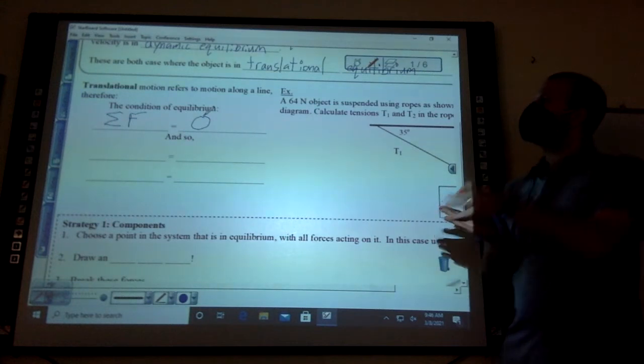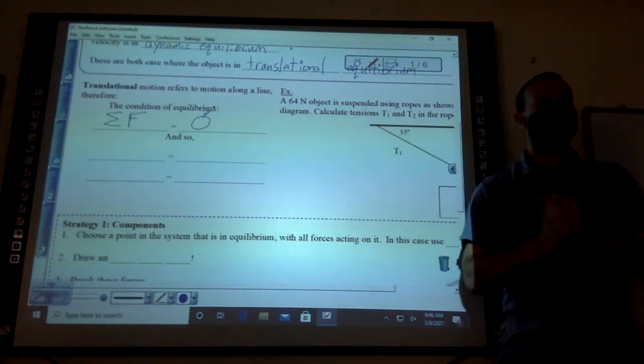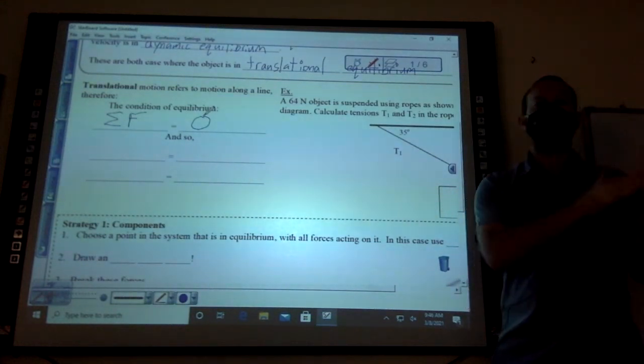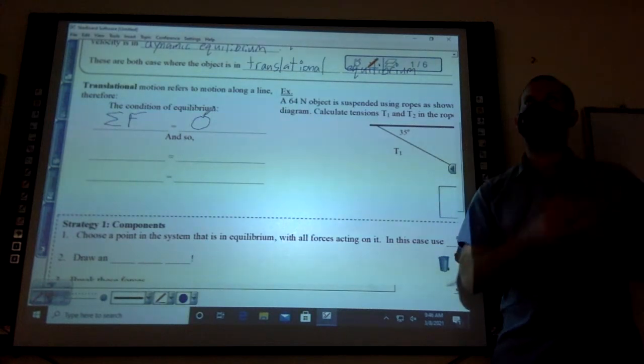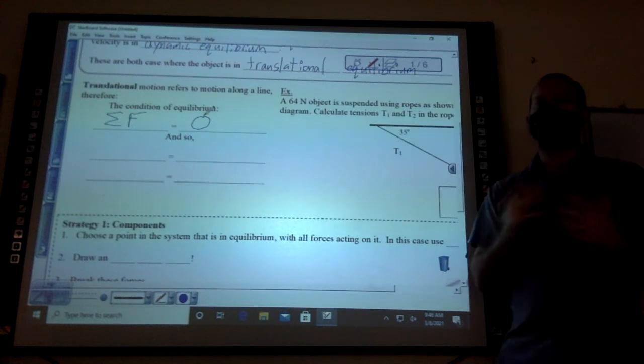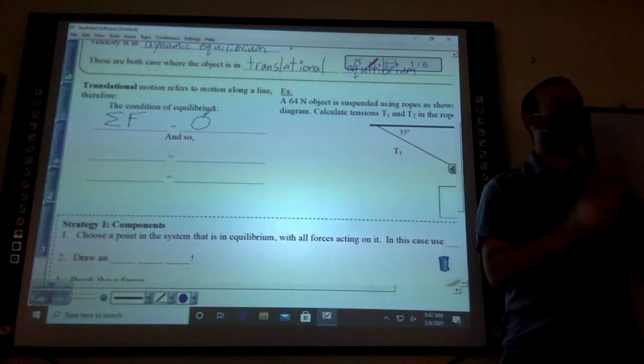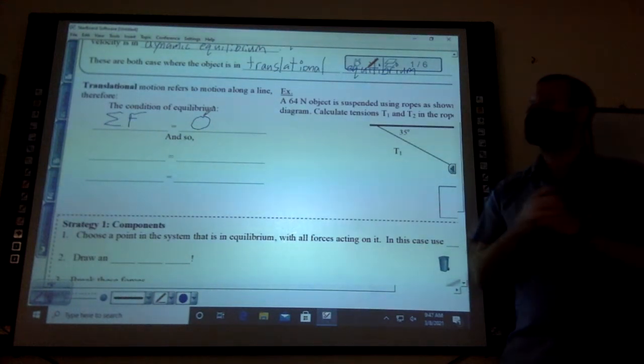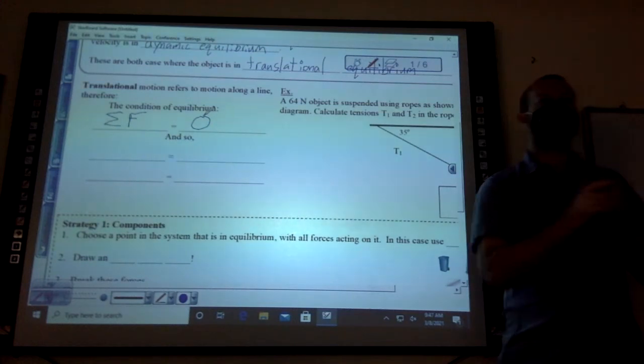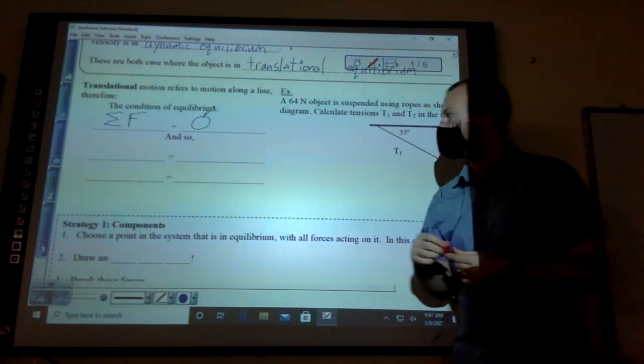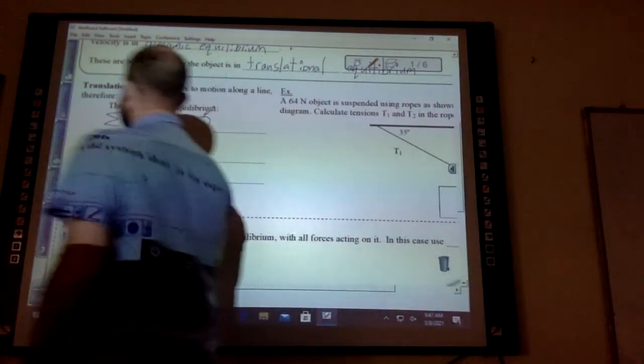And as we've seen in previous units, everything we've taken so far, we can treat different dimensions independently. So we saw in kinematics, we can treat x and y by itself. We saw in dynamics, we can treat parallel and perpendicular by itself. So same thing here.